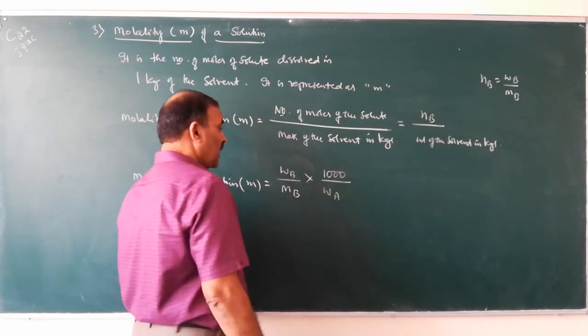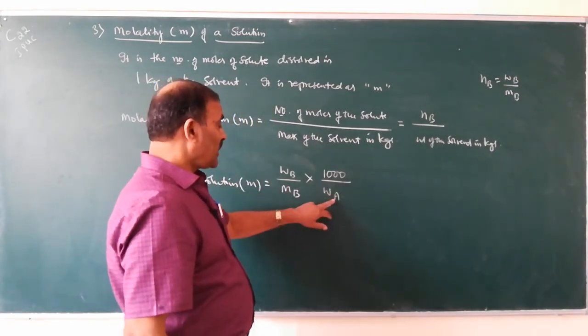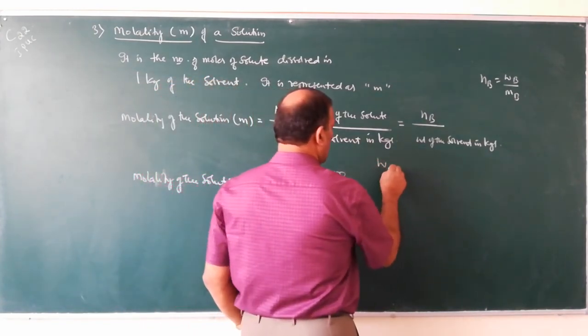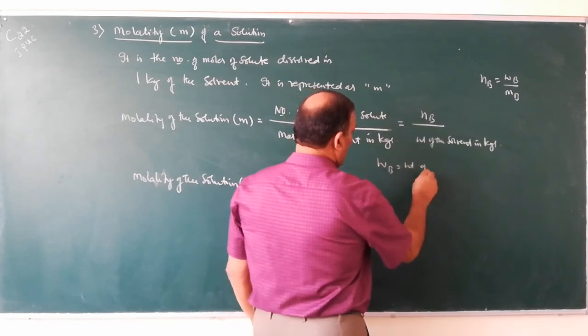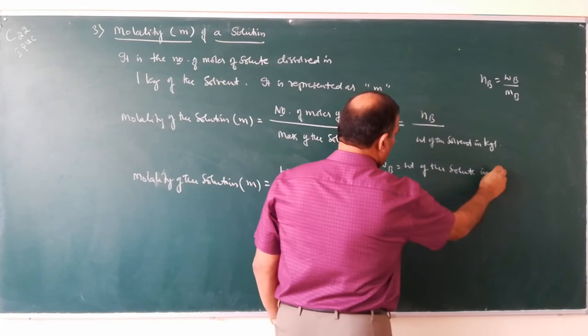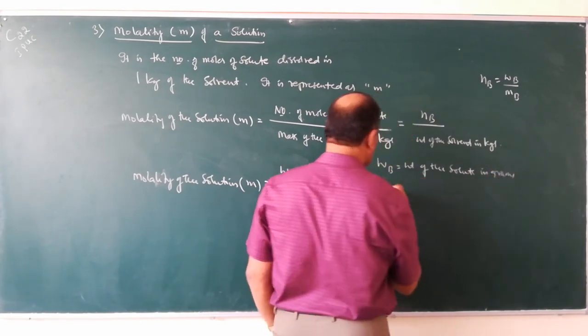What is WA? The weight of the solvent in grams. WB equals the weight of the solute in grams.